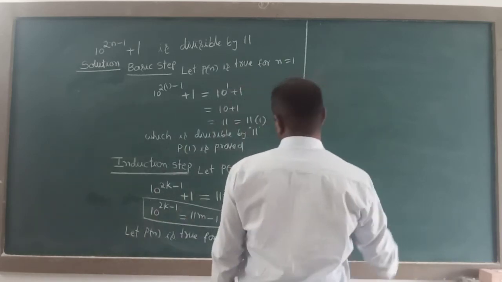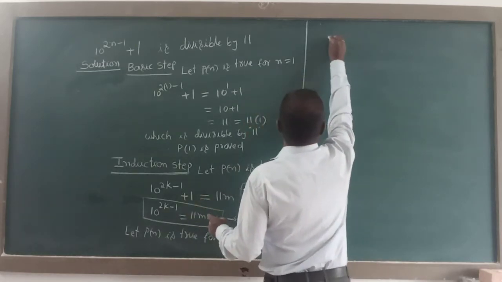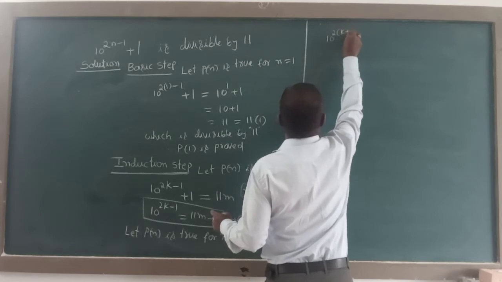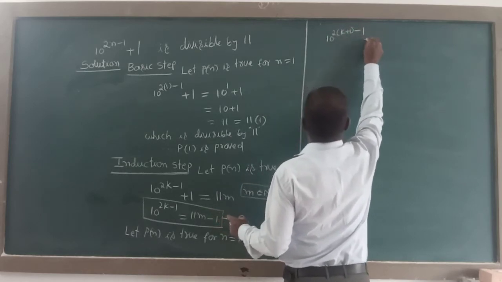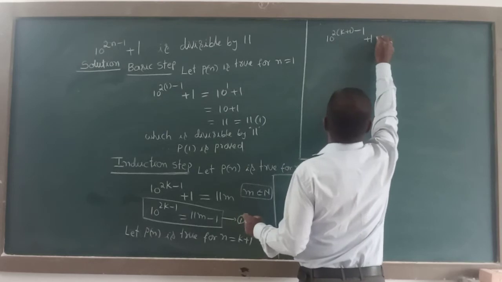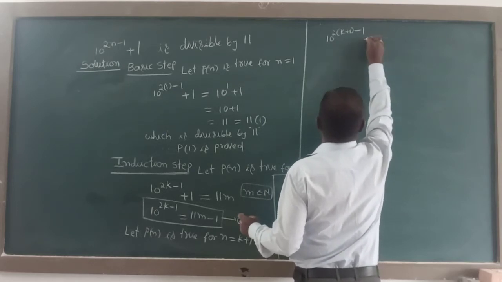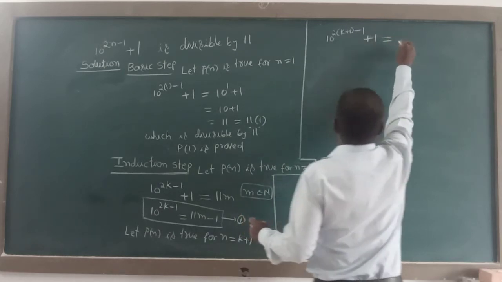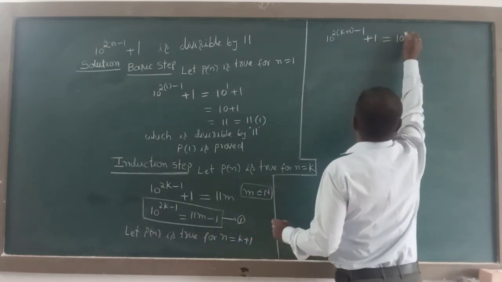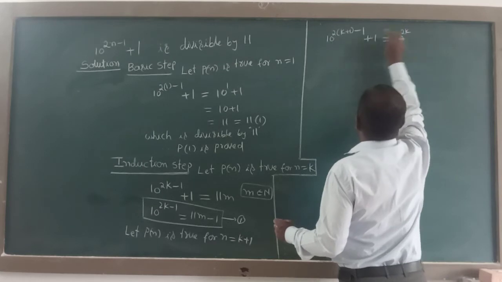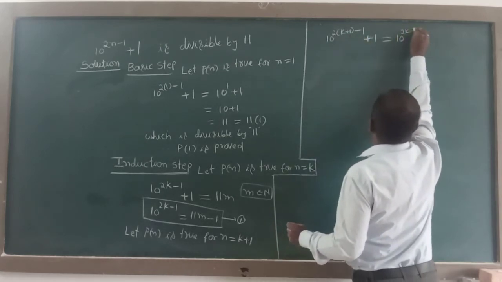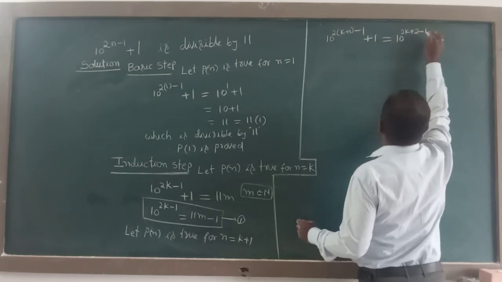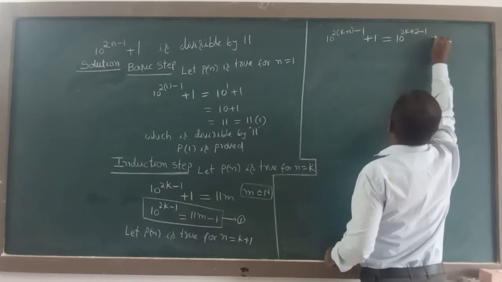That is k plus 1. That is 10 to the power of 2(k plus 1) minus 1, plus 1, is equal to 10 to the power of 2k plus 2 minus 1 plus 1.